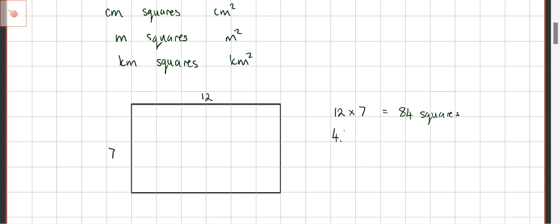It's actually 3.5, isn't it? That's right. 3.5 lots of 6 equals. What do you get? 1, 2, 3, 4, 5, 6, 7, 8, 9, 10, 11, 12, 13, 14, 15, 16, 17, 18, 19, 20, 21. 21 larger squares.